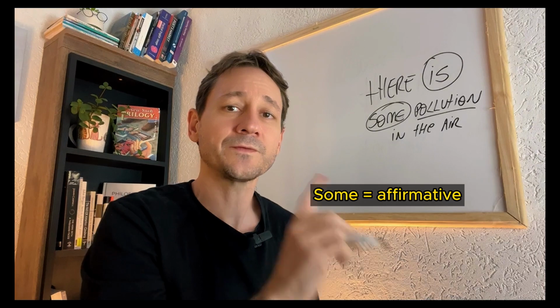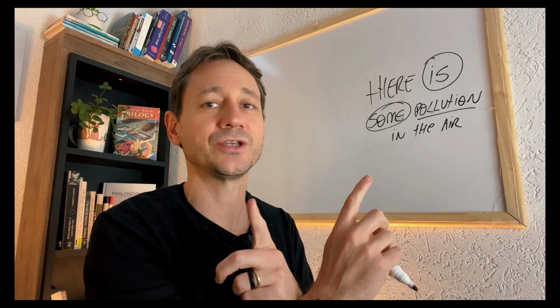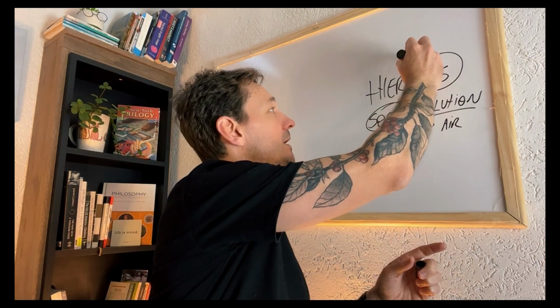Now, if I transform this into an interrogative sentence, how would it be? Interrogative sentences in English, we always have to change something, change the order, and put the auxiliary verb in front. In this case, I'm going to invert this, and it's going to be, is there, but it's not that simple.